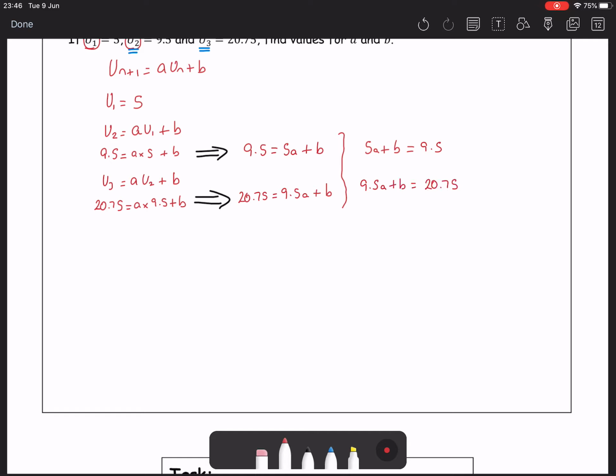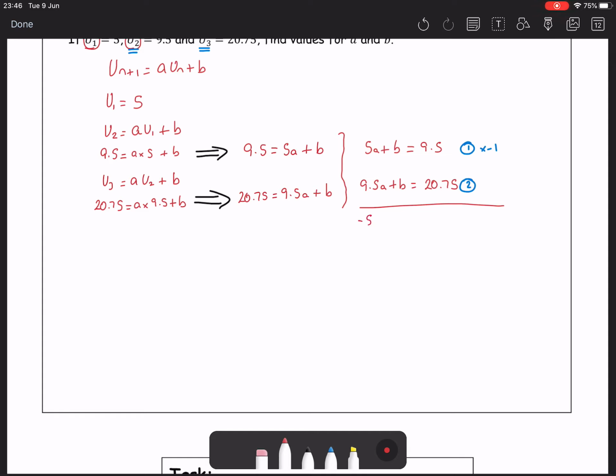What you always get here is the ability to eliminate our b value. I'm going to call that number 1 and that number 2, and multiply number 1 by -1, which will get you a positive and a negative.